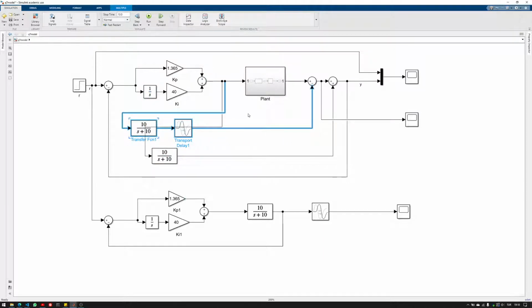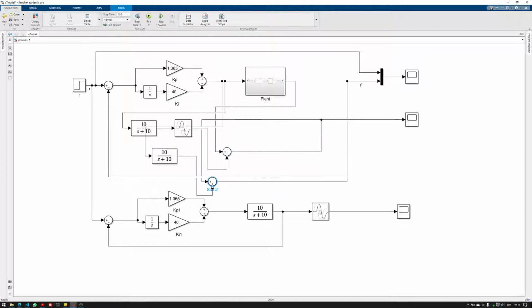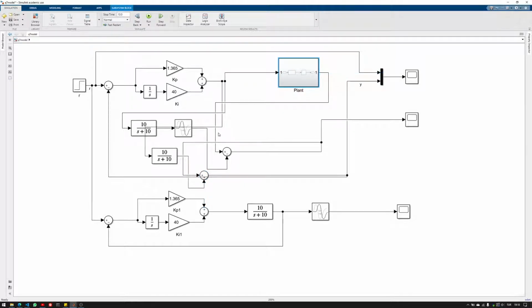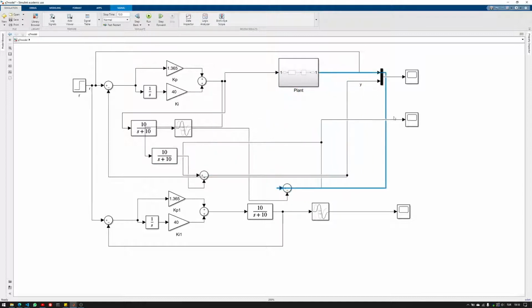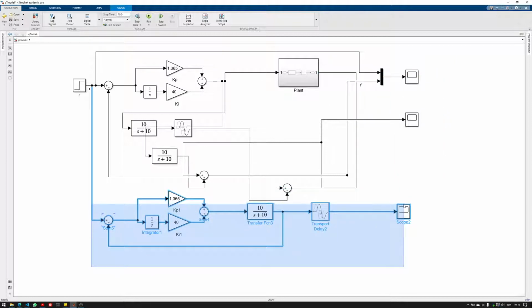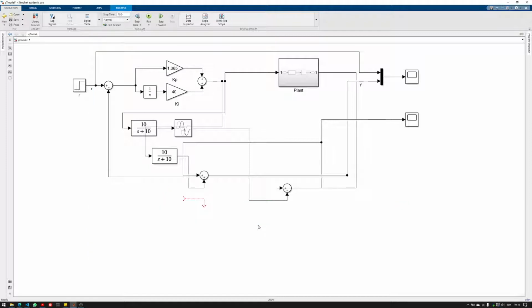So let me pull them here, and let me also bring it here. So this one down too. I messed up, I know, but what I'm trying to say is that you have basically this feedback here. This is the only feedback you have. And then all this stuff, let me get rid of this lower branch here. Now, all this stuff is basically your control structure.